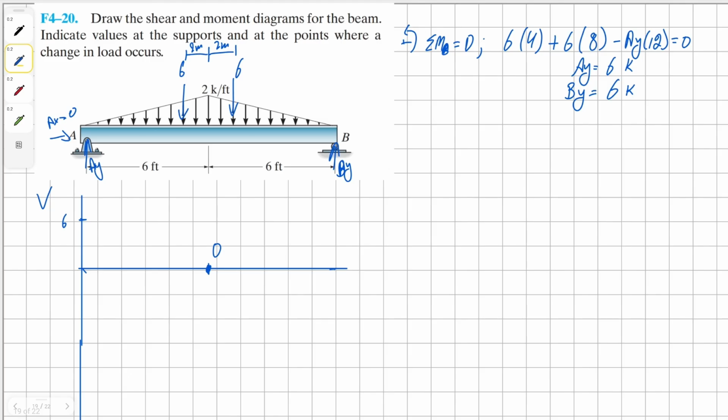Or another way to look at it is that as we're going further away from point A, the shear is decreasing, and this means our curve is going to concave down.